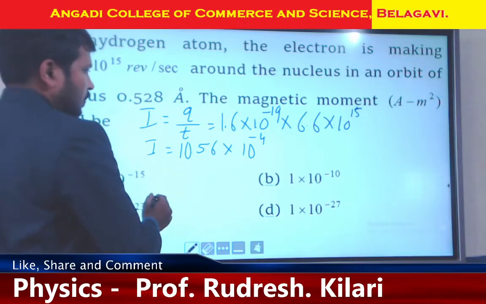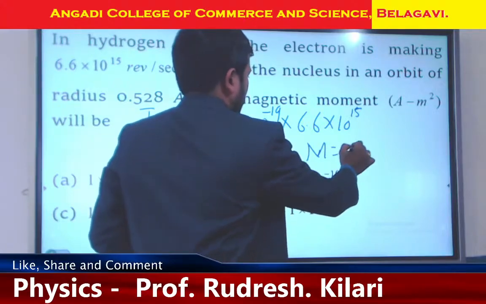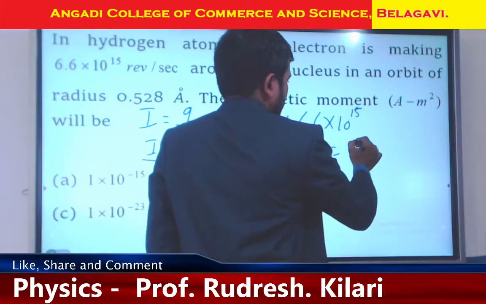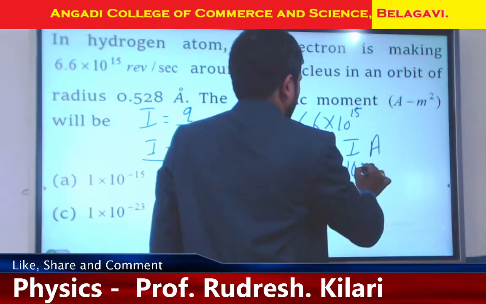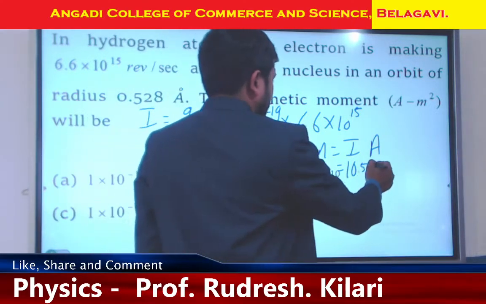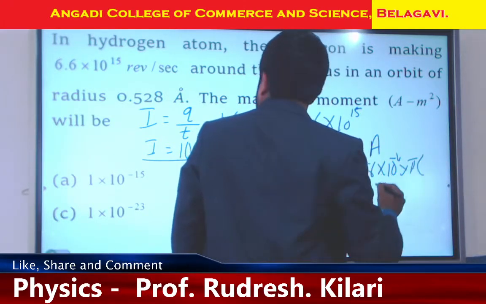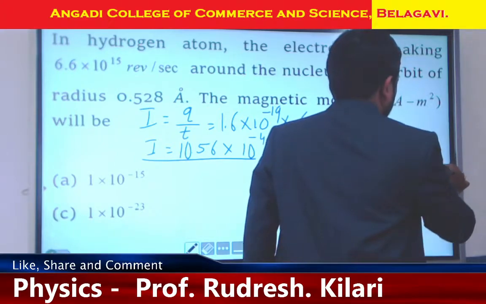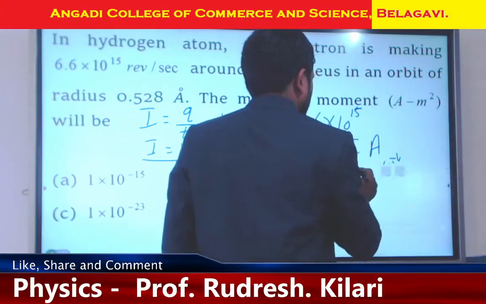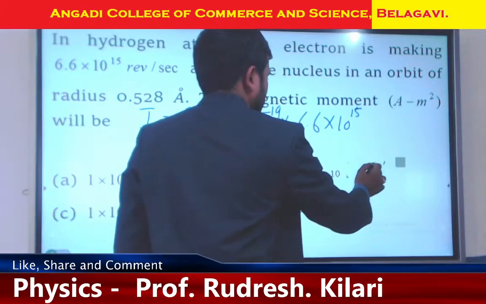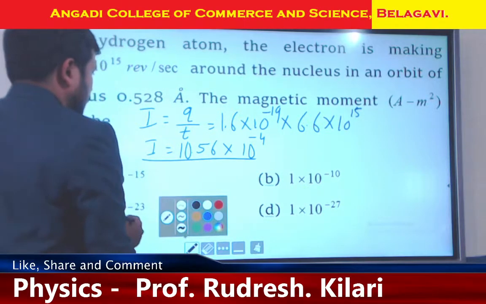Use the formula. Current we got. Then M equals current into area. What is the value of current? 10.56 into 10 to the power of minus 4, into pi r square, where r is 0.528 into 10 to the power of minus 10, whole square.